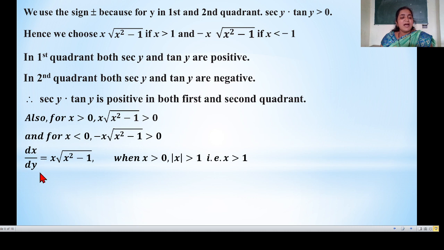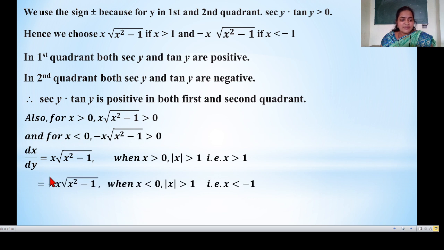So dx by dy is equal to x square root of x square minus 1, with plus sign, when x is greater than 0 and mod of x is greater than 1, that is x is greater than 1, means this condition.